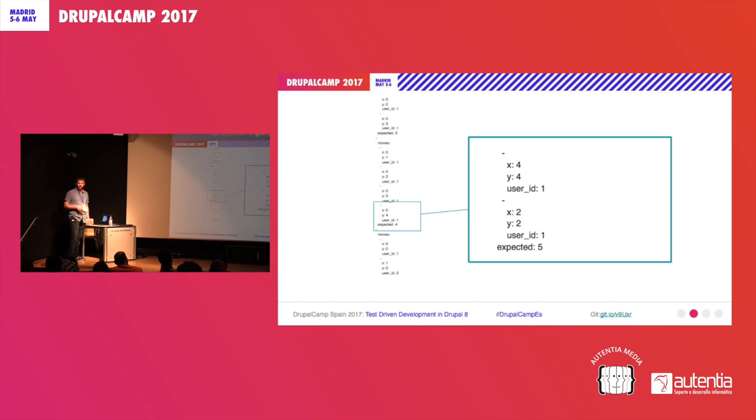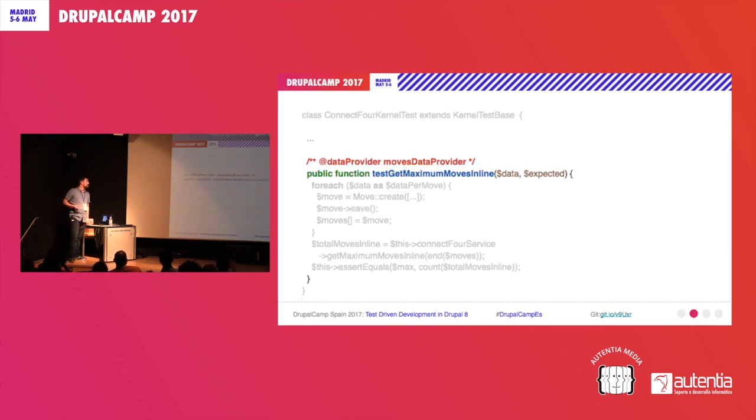Like that, you create a YAML file with real testing data. Also, we're going to put the expected outcome in this YAML file, because since we put in that data, we know how many of the moves are in one line. We know that because we figured it out on pen and paper. So in this particular case, we know that there's going to be 5 in one line, for example.